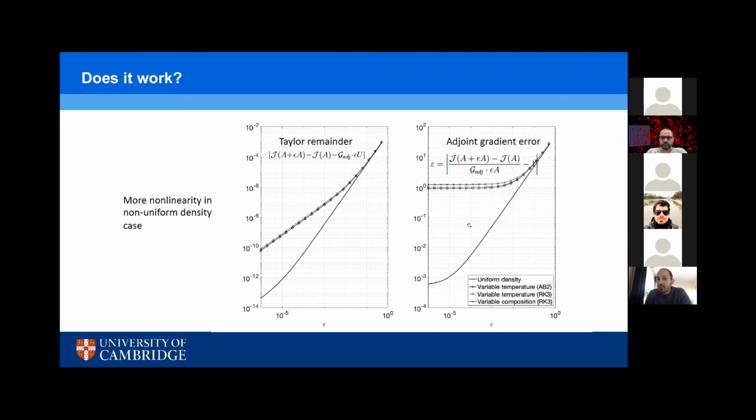The interesting point comes when we are looking at the variable temperature or composition cases. We see that the adjoint gradient tends to level off. So the best we can get is an order 1% error, which is not exactly bad news, because in a non-uniform density case, we have a lot more nonlinearity in the expression. So you have a rho u term in the momentum equation and so on and so forth.